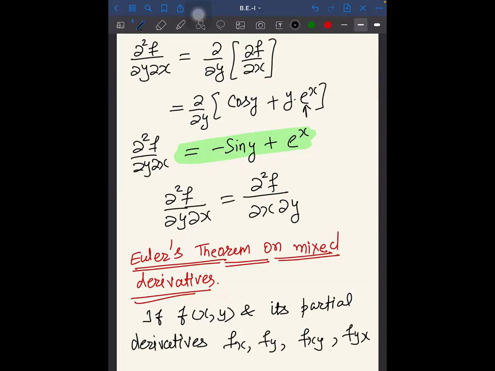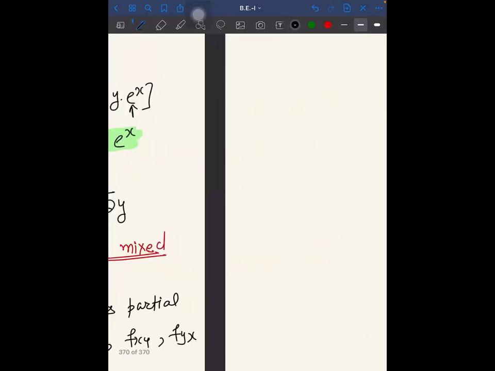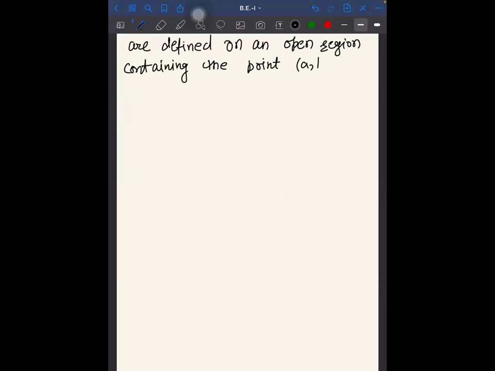So they are defined on an open region containing the point (a, b) and are all continuous at (a, b), then what?